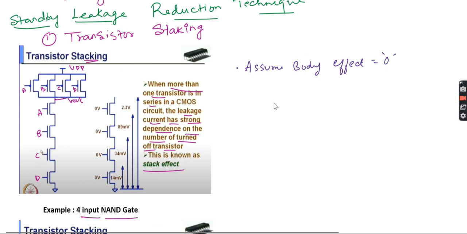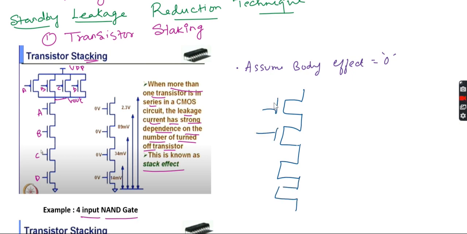Let me take the example here; you can see the same diagram I'll put here. A, B, C, D. This is the portion taking the output, right?